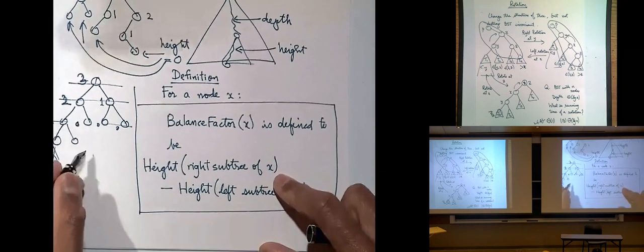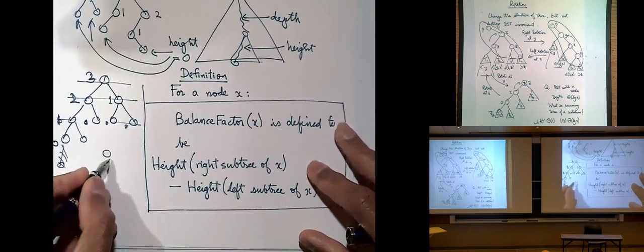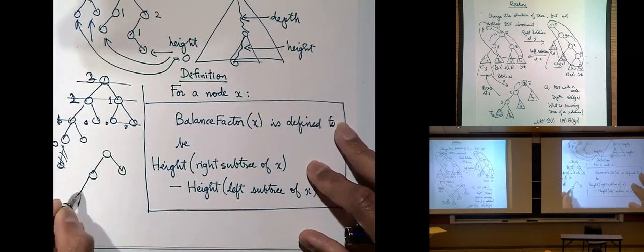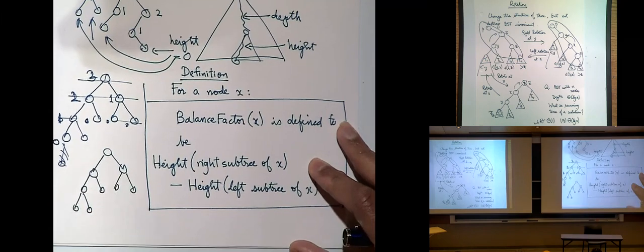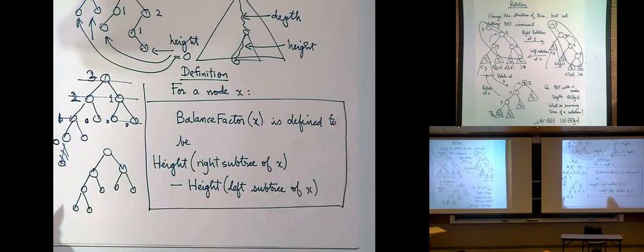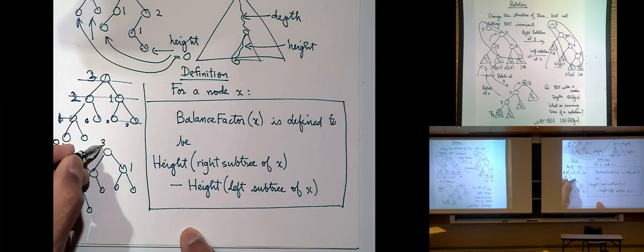Okay, so I'm just going to redraw this tree here. I'm going to write out the heights of all of the nodes, right? So the leaves are 0. The height of this node is 1. The height of this node is 1. The height of this node is 2. And the height of this node is 3.